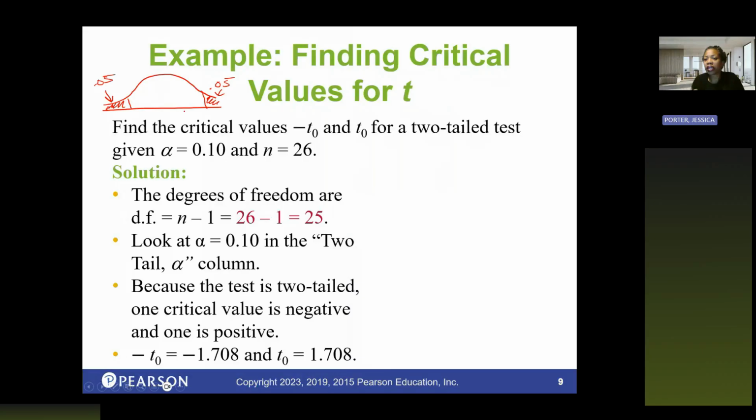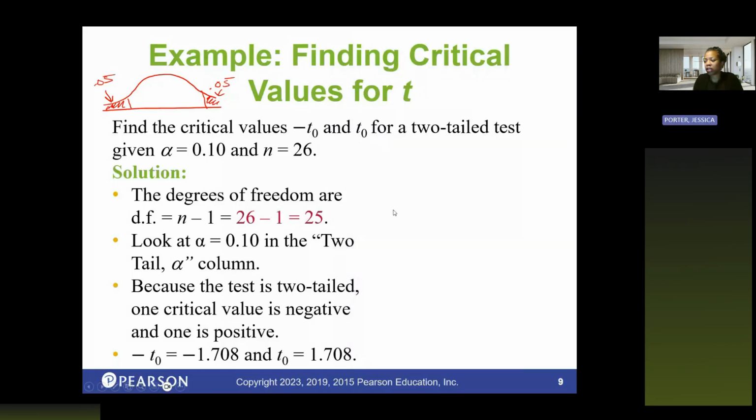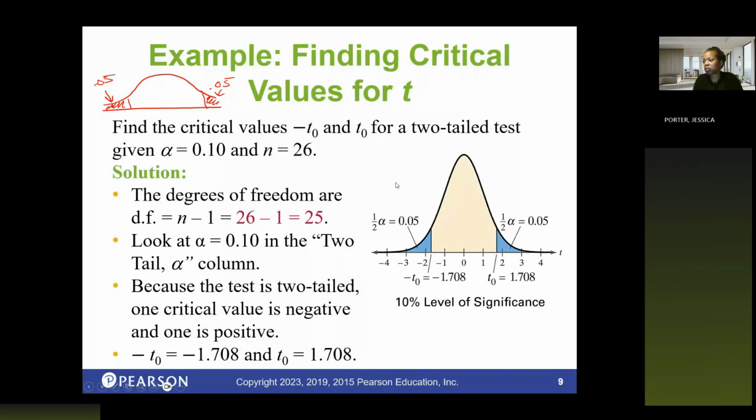So when I put it in the calculator, I need to put in 0.05 and not 0.10 because it's a two-tail test. And here's a picture, which makes it a little bit better.